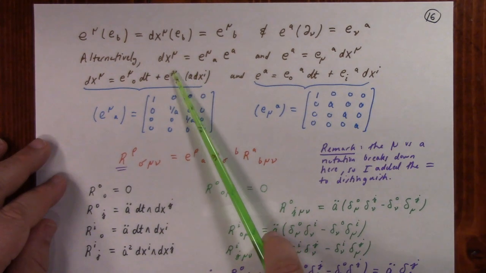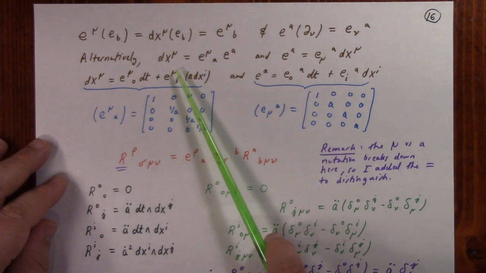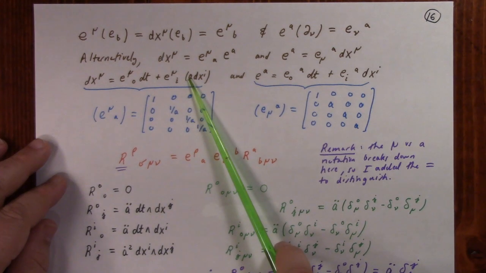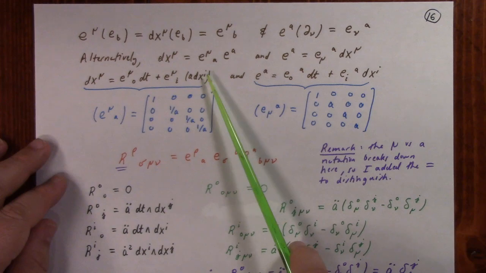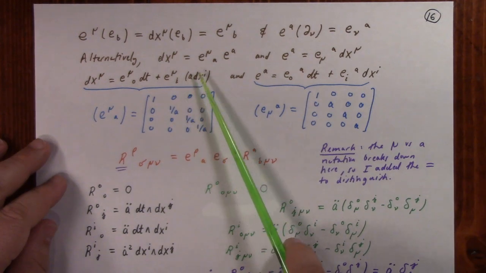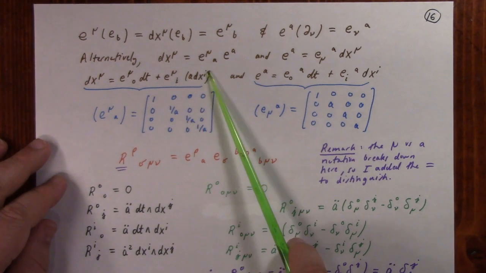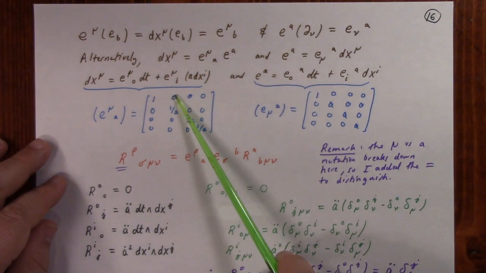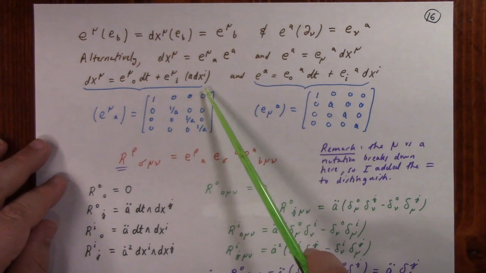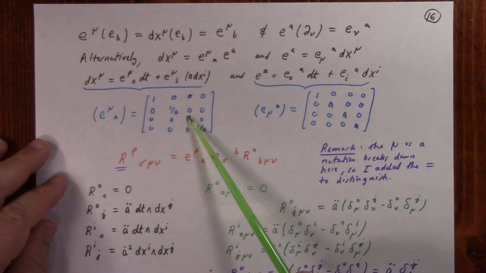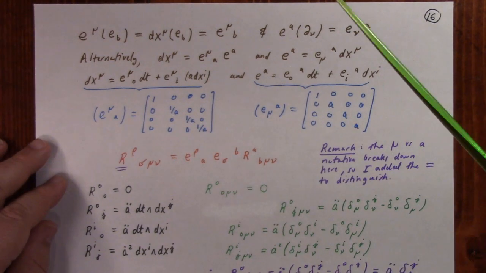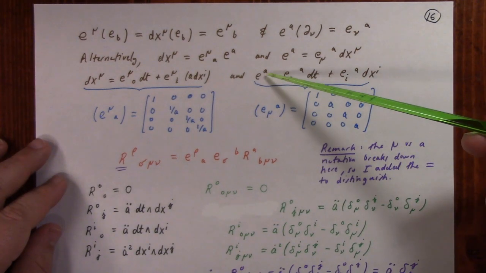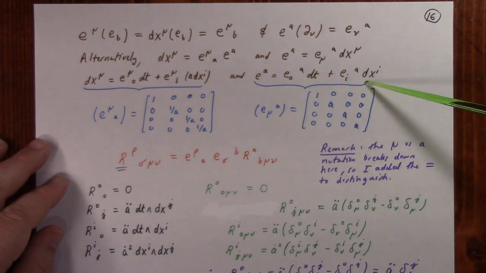Well, it's E1i, which is just equal to A, but that's only if I and 1 are both equal to 1, otherwise it has to be 0. So that gives us the 0, 1 over A0, and likewise we get 0, 0, 1 over A0, and this here. And the story is a little bit different over here because we get the A on this side as opposed to that side.